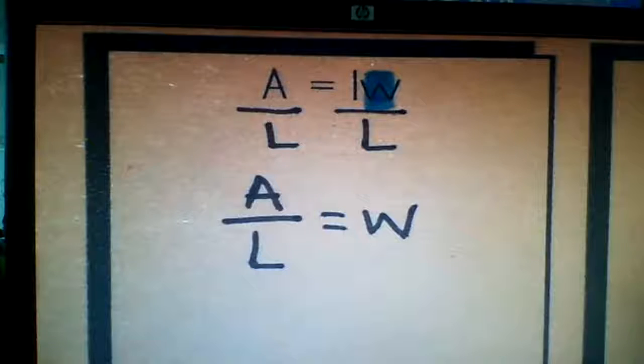So you would divide your area by your length. What's 36 divided by 4? 9. So my width then would be 9 inches. Okay, so that's your width.